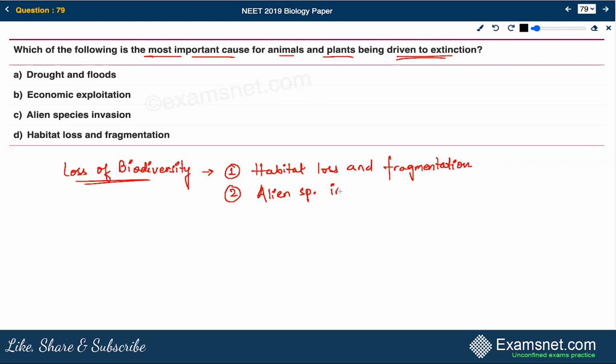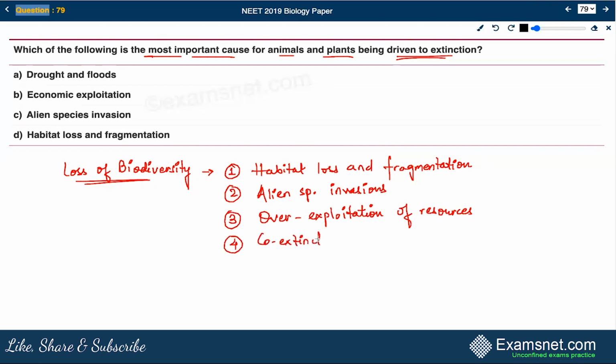Then overexploitation, that means overexploitation of natural resources. And the fourth is co-extinction. So these are the main reasons for which the loss of biodiversity is taking place, and the animals and plants are being driven to extinction.